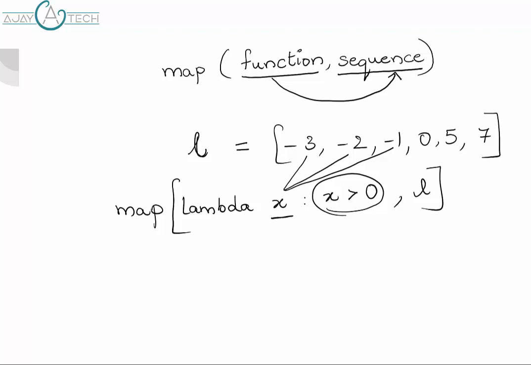If it is greater than 0, then the function returns the boolean value true, else it returns false. If the value of the element is greater than 0, then it returns true, and if it is less than 0, it returns false. This condition is checked for all the elements in the list. So let's execute this code in the Jupyter notebook.